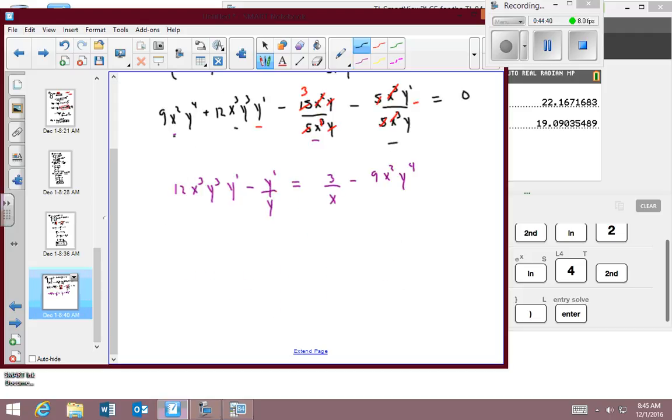We're going to factor out the common y prime. I have 12x cubed y cubed minus 1 over y.